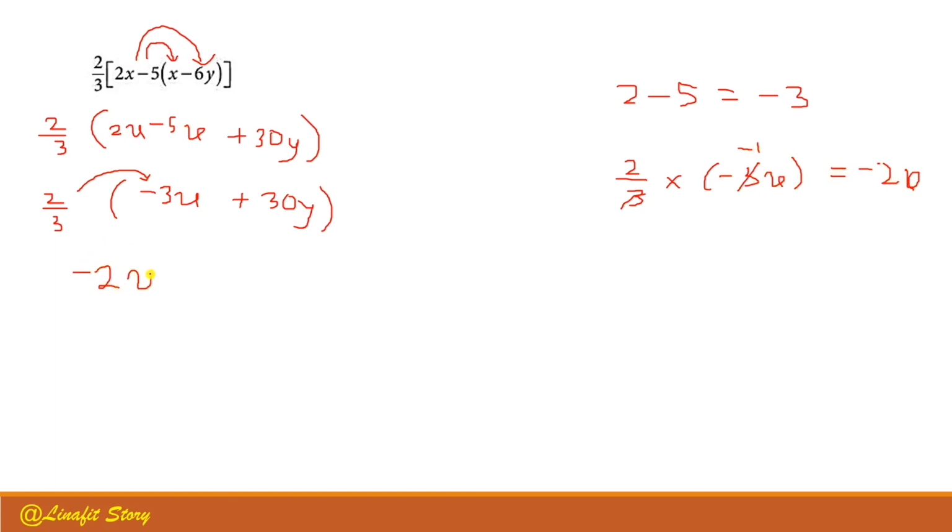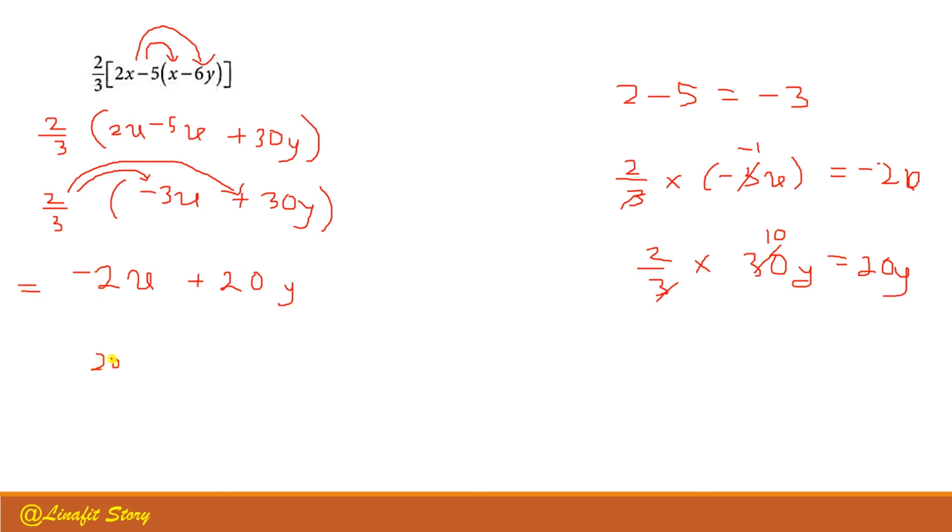And then 2 out of 3 times 30y is equal to 20y. Positive 20y. So the answer is equal to negative 2x plus 20y. Or you can write the answer as 20y minus 2x.